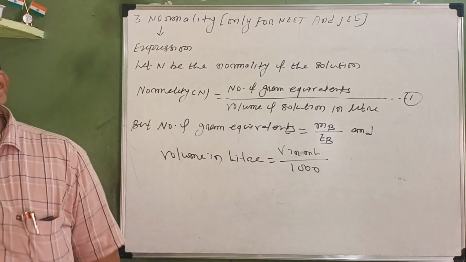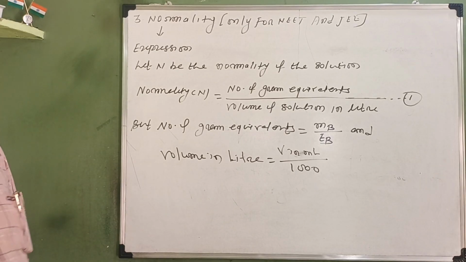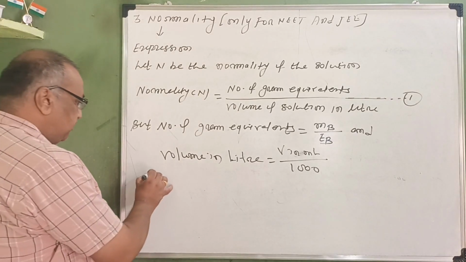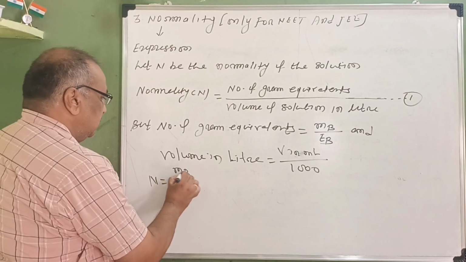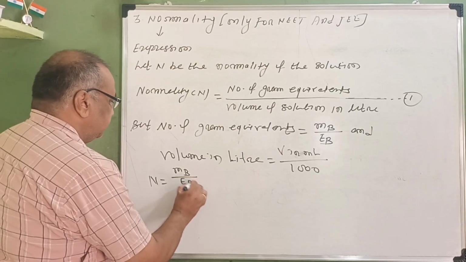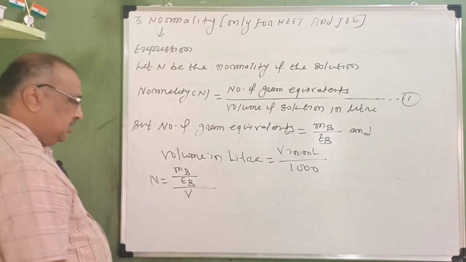Now putting this value in equation 1, we get capital N equal to MB upon EB upon V upon 1000.